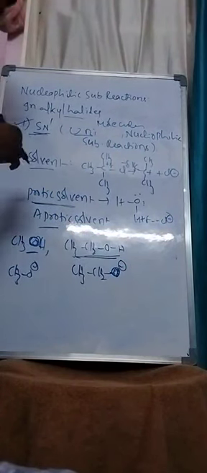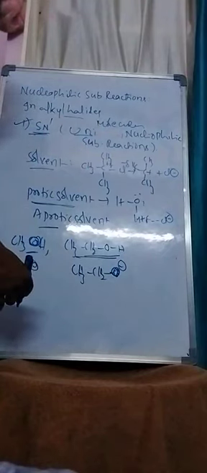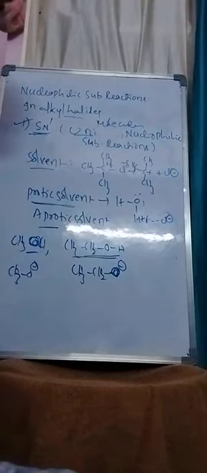In the other case, a strong acid has a weak conjugate base, so that is a weak nucleophile. A weak acid has a strong conjugate base, which is a strong nucleophile. So first you define the order of nucleophilicity.